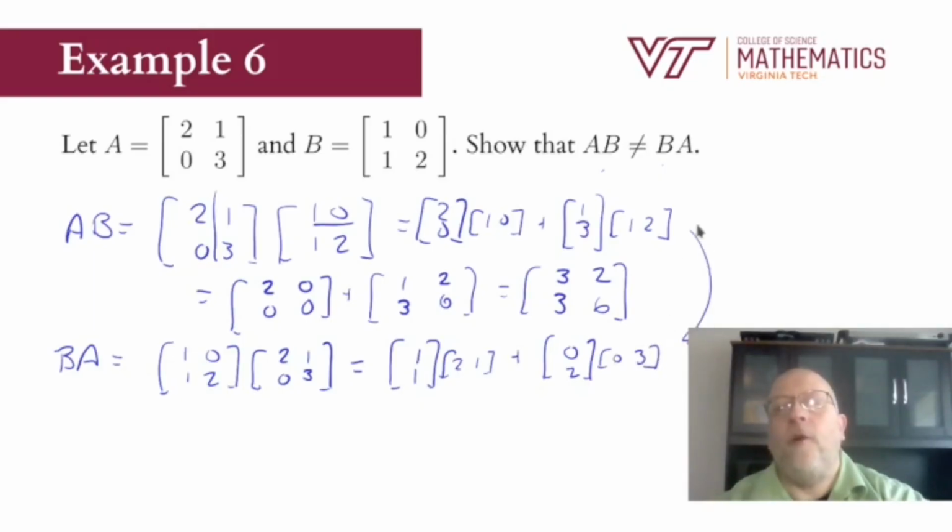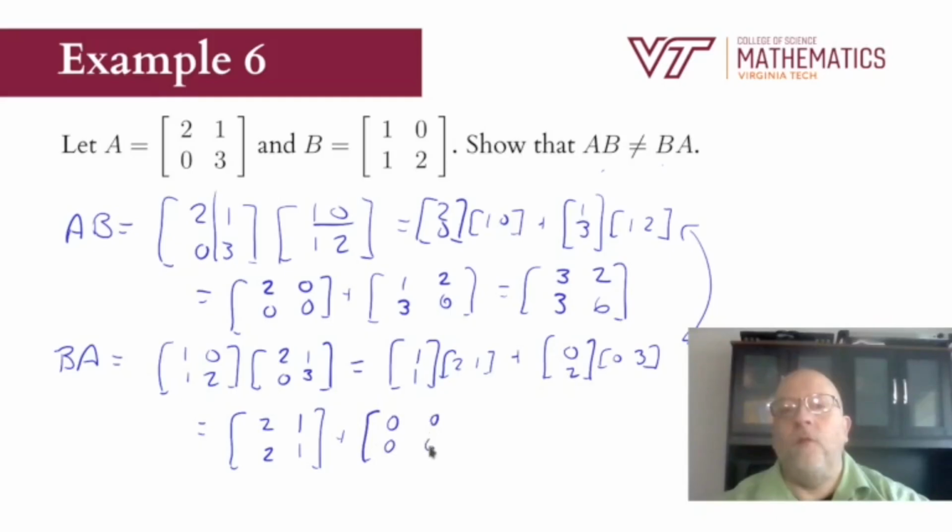These are different pairings than what we had before, and so obviously we're going to get a different result. 1, 1 times 2, 1 is 2, 2 in the first column and 1, 1 in the second column. 0, 2 times 0, 3 is 0, 0 in the first column and 0, 6 in the second column. When we add these together, we get 2, 1, 2, 7. And that's not the same as this. These are not equal.